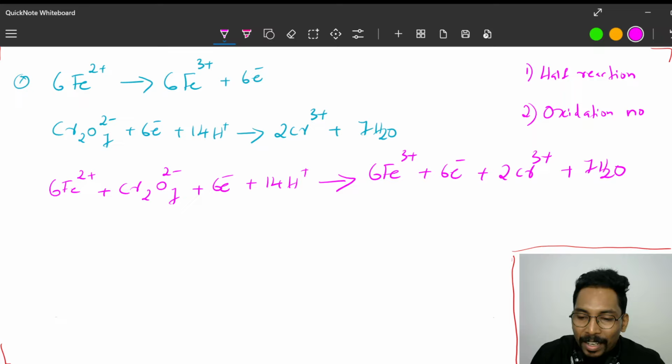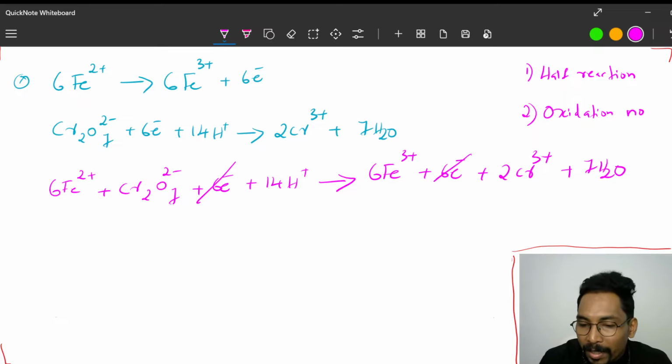You can see 6 electrons are there on both sides, so you can cancel them.